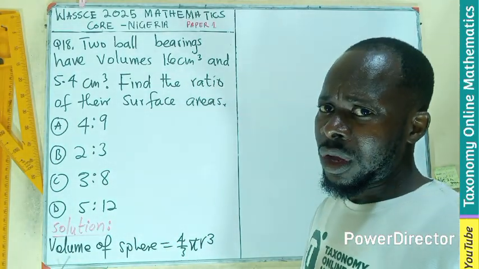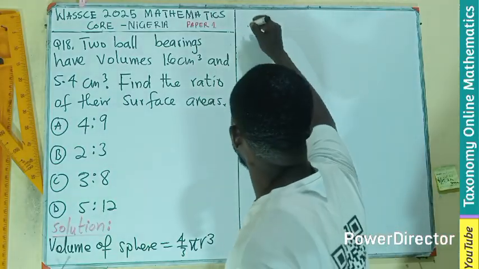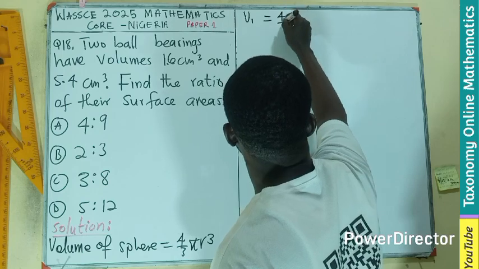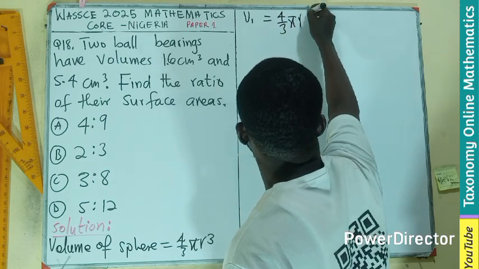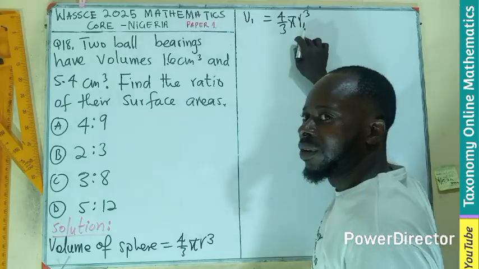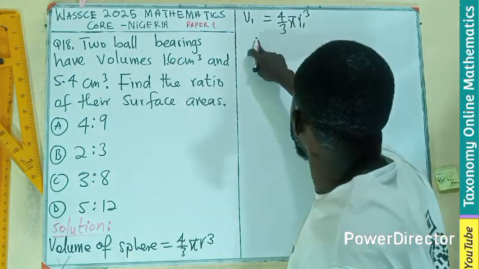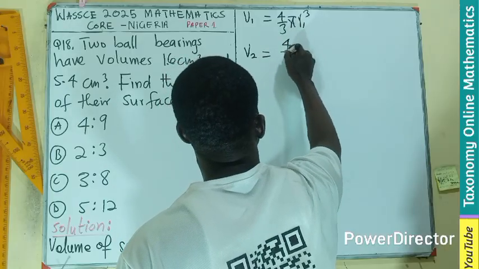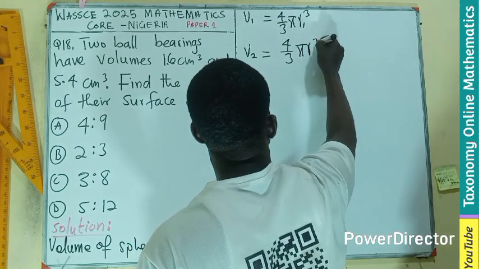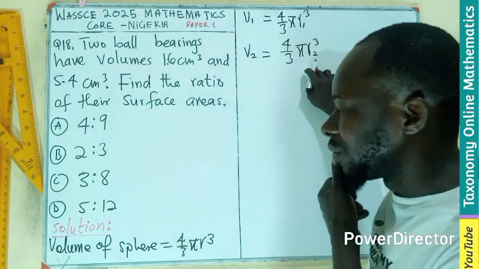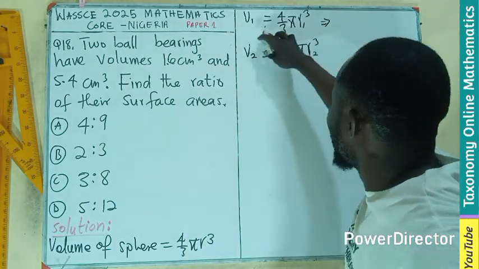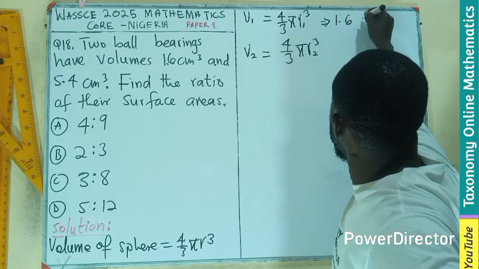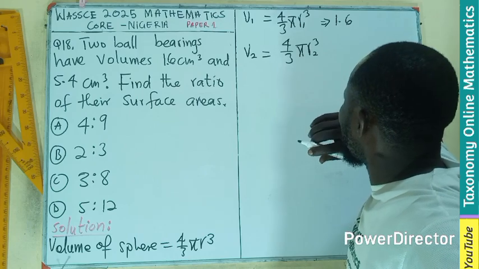Since we have two ball bearings, volume 1 equals 4/3 πr³ of the first radius, and volume 2 also equals 4/3 πr³ of the second radius. Here we can take the 1.6 and 5.4 as equal to these values. What can we do?